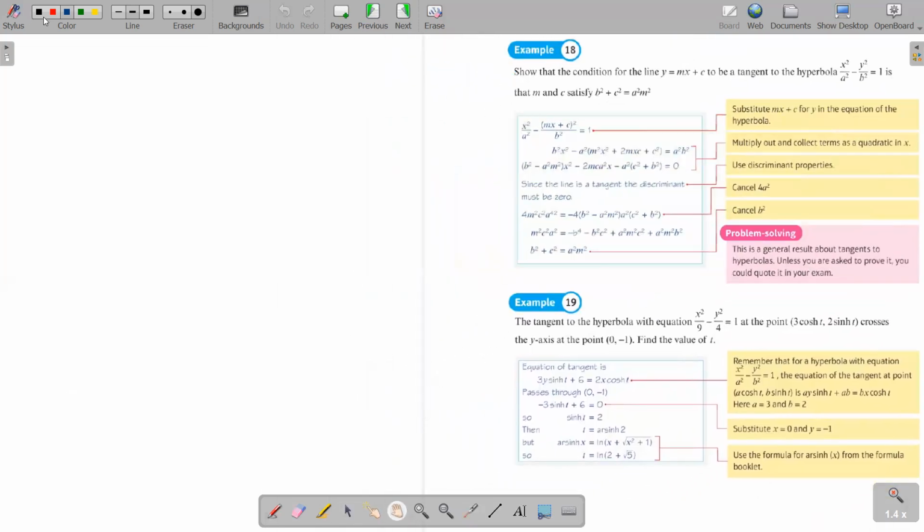Okay. Then let's get it done. The equation of the line is y equal mx plus c, and the hyperbola equation is x square over a square minus y square over b square equals 1. So once again, we attempt to solve the two equations simultaneously.